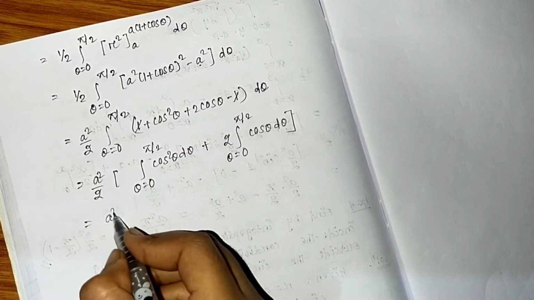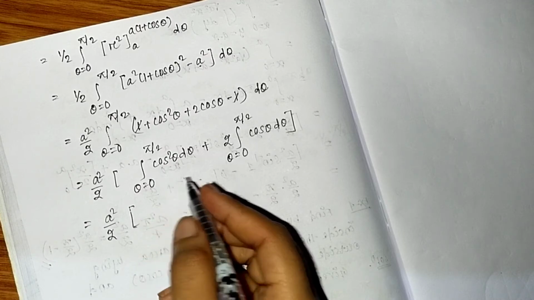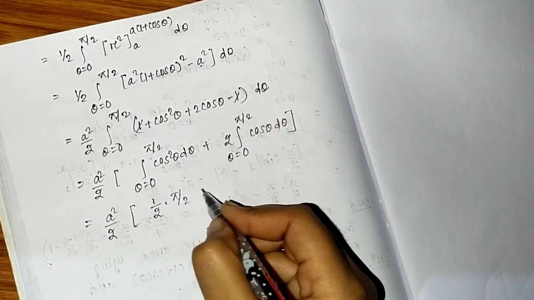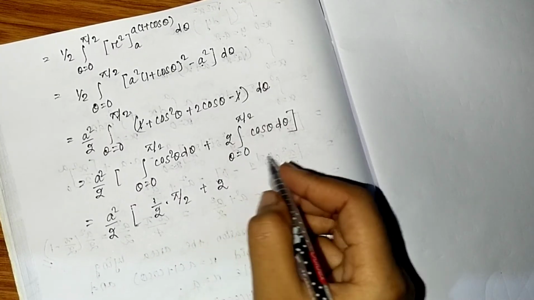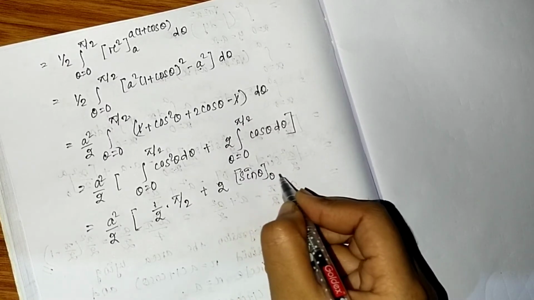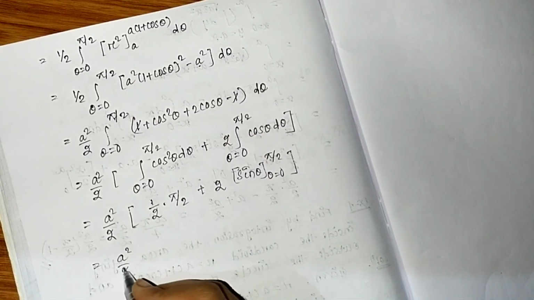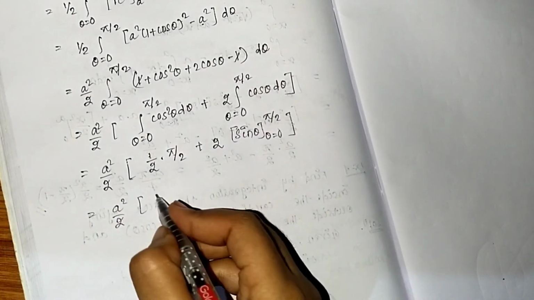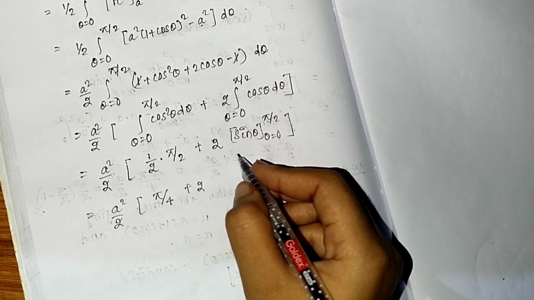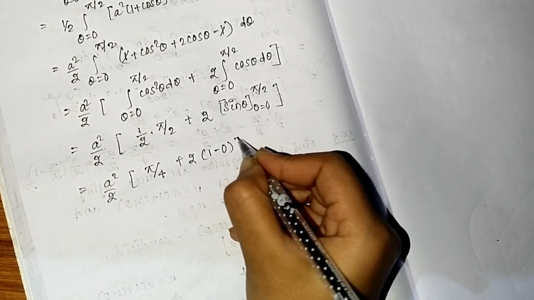Then that is equal to a square by 2. Here we put the reduction formula for cos square theta. So this is 1 by 2 into pi by 2, plus 2 into the integral of cos theta, which is sin theta, from 0 to pi by 2. That equals a square by 2 into pi by 4 plus 2 into sin pi by 2, which is 1, minus 0.